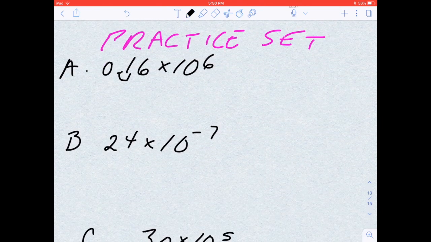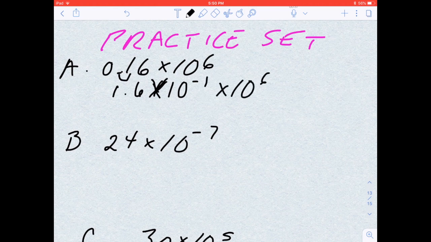So now I have 1.6 times 10 to the negative 1, since I moved it 1 over, times 10 to the 6th. This gives me an answer of 1.6 times 10 to the 5th, because negative 1 plus 6 gives me positive 5.